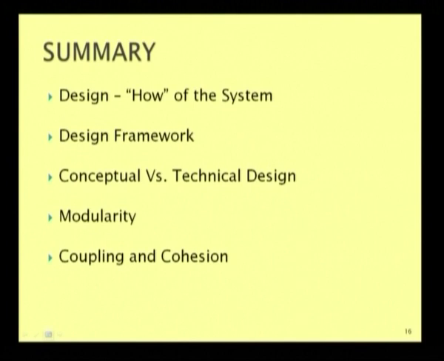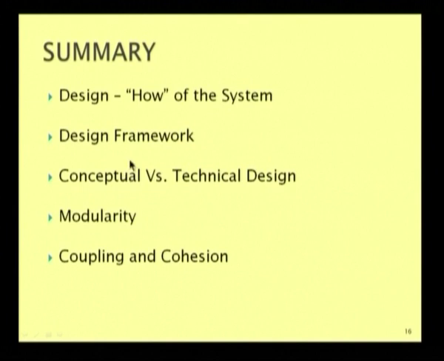Now, we will look at the summary of what we have seen in this session. We initially started with what exactly design is about. Design talks more of the how of the system. Then we flew through a sequence of processes given in the design framework.